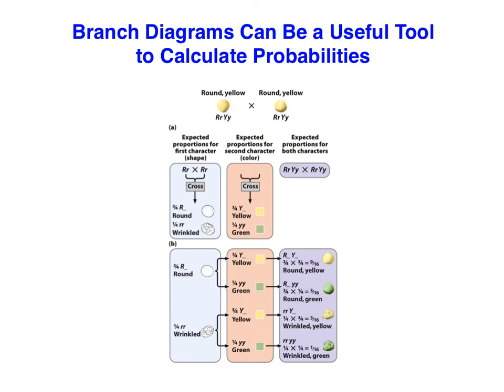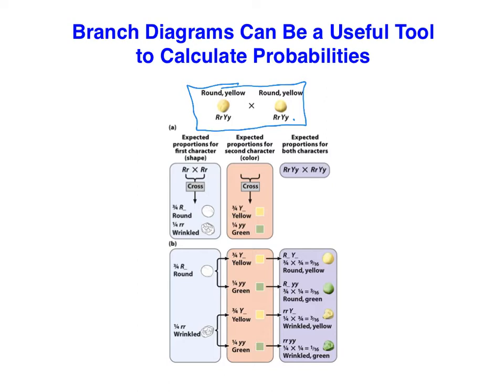It can be very confusing to think about these rules of probability, but I like to think of them as a branch diagram. So if, for example, we're looking at this cross, a dihybrid cross between two double heterozygous individuals, and we want to ask, what are the genotype and phenotype combinations?